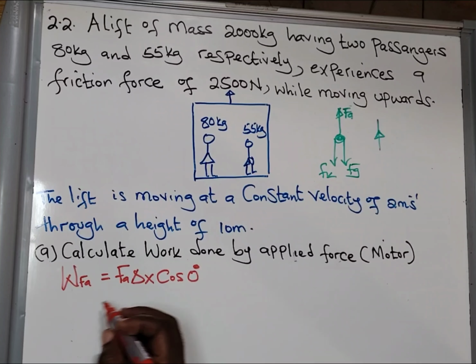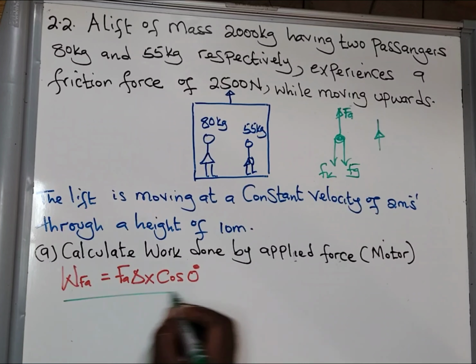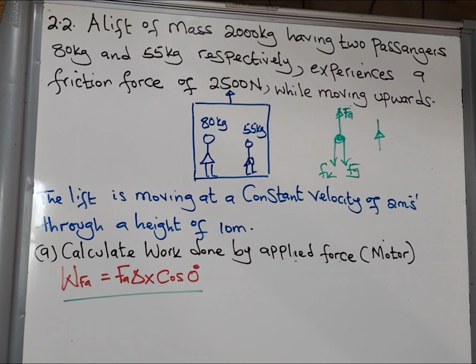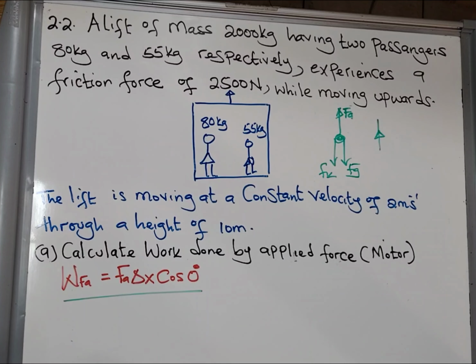This is the equation we are supposed to be using. But there's one problem: we don't have the applied force. It is not mentioned anywhere, so we have to calculate it ourselves.